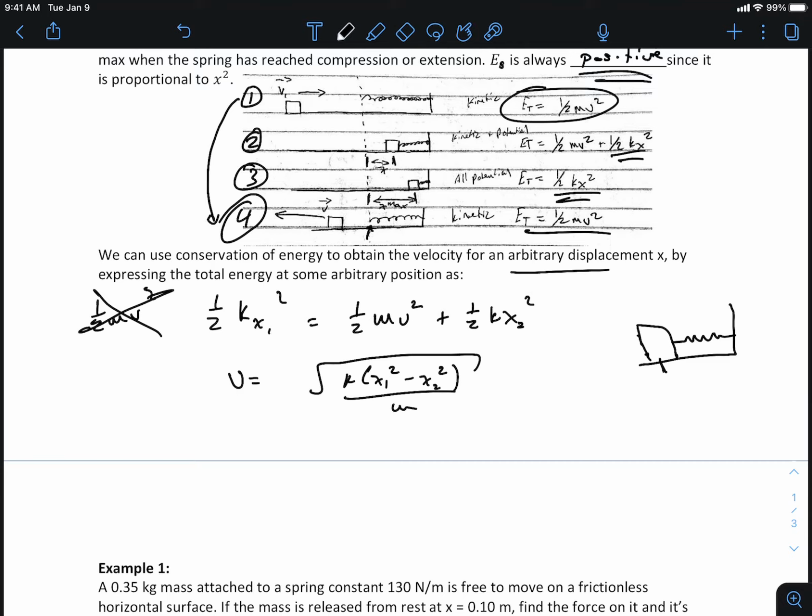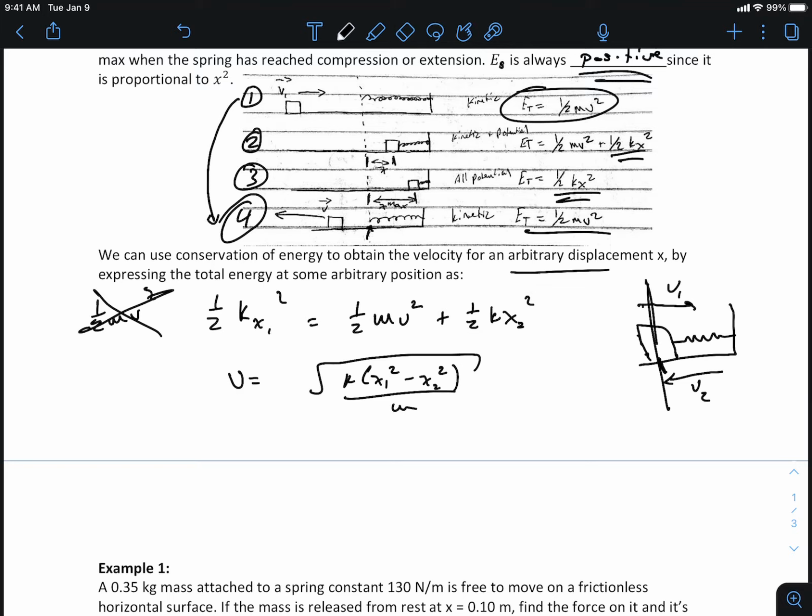If it continues to go in, it's going to continue to compress the spring, but then at some point, it's going to turn around and come back. But it's going to pass through this point twice, and you can see here's v1 and here's v2.